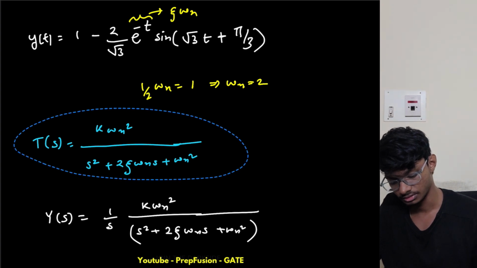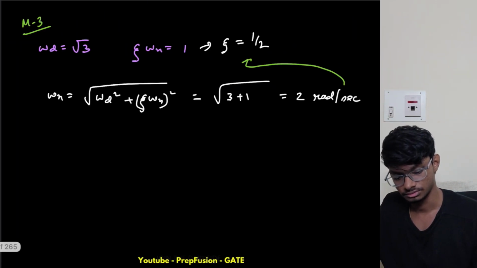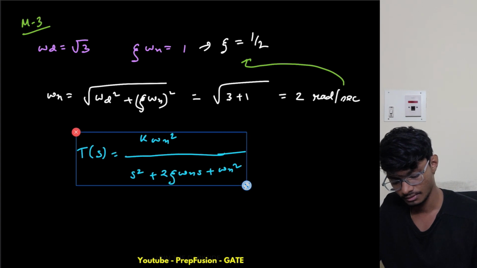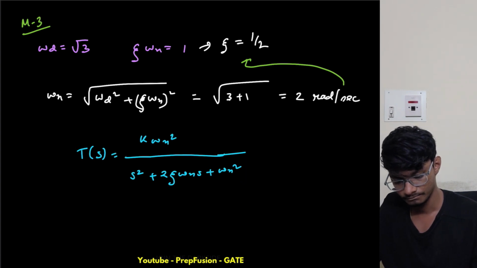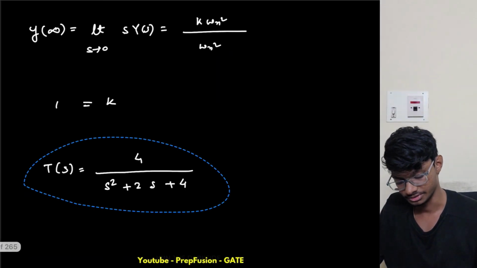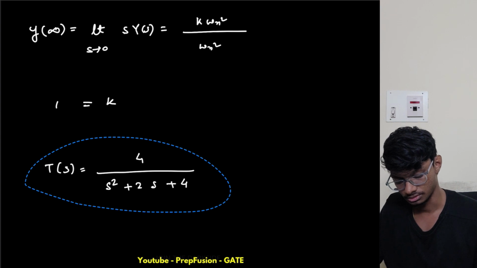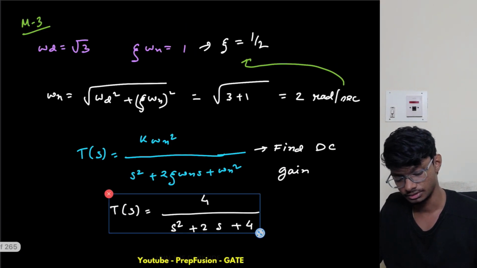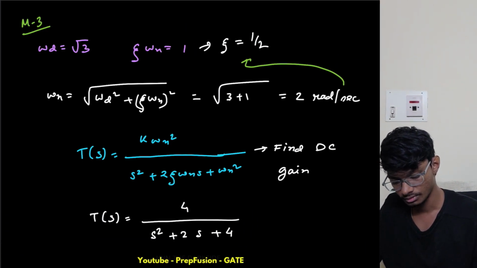You have to find the DC gain. And after finding the DC gain, what will you do? You will get this expression, right?